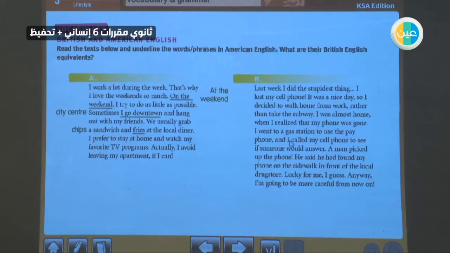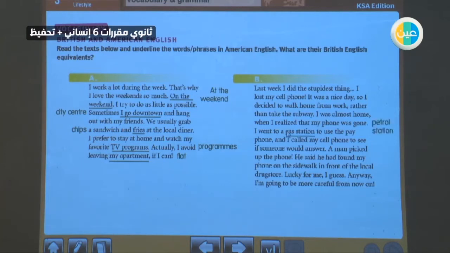I prefer to stay at home and watch my favorite TV program. Here the spelling: programme, with double M-E, for British and one M for American. I avoid leaving my apartment. Yes, apartment, flat. It is flat in British English.